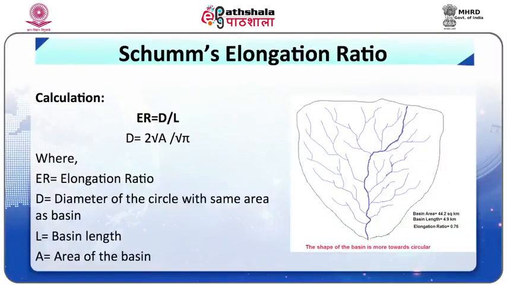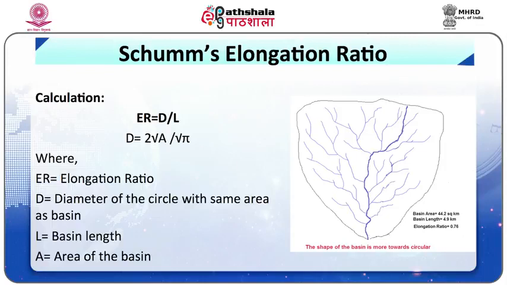Assessment of a river basin shape can be used to explain certain hydrological processes. There are various methods to assess the shape of the basin. Combe has developed elongation ratio, which is popularly known as Combe's elongation ratio. It is used widely to assess the basin shape.